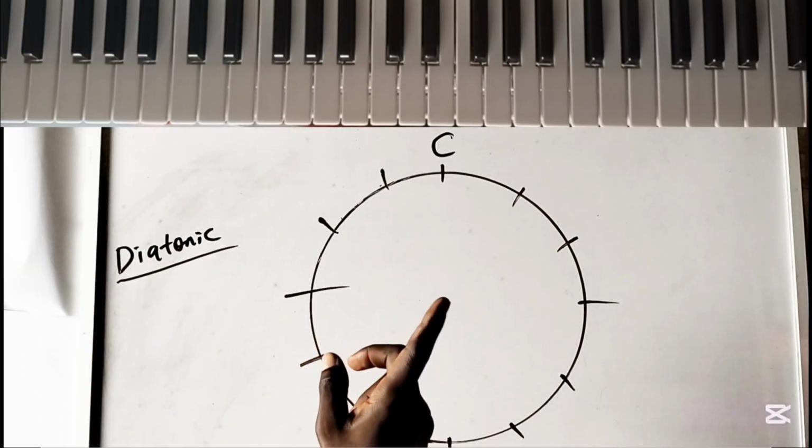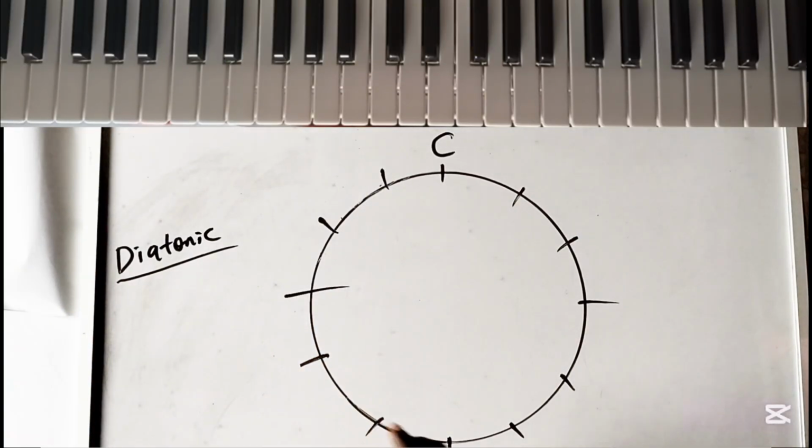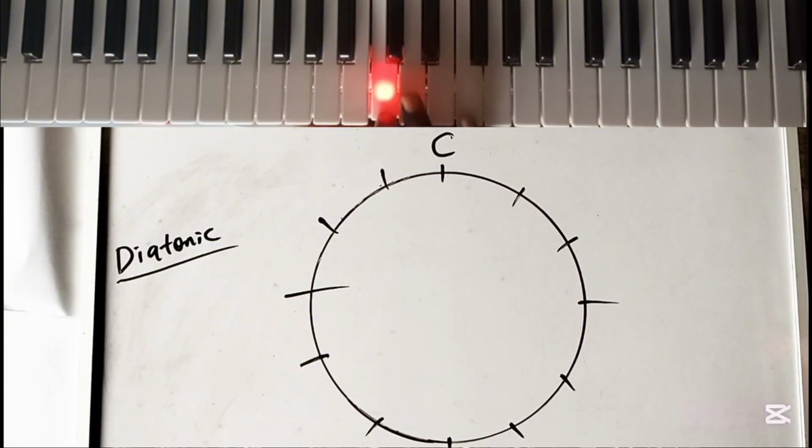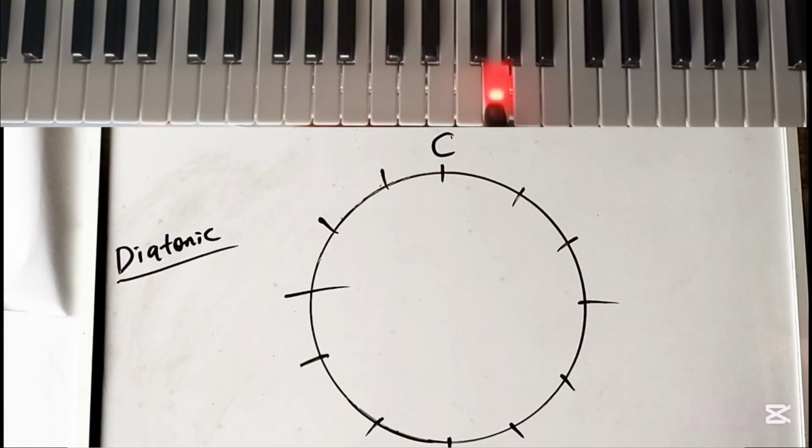Do you understand? So for you to get the fifth of this, you have to count a tone, semitone, then so it is. So the name of this key is G.